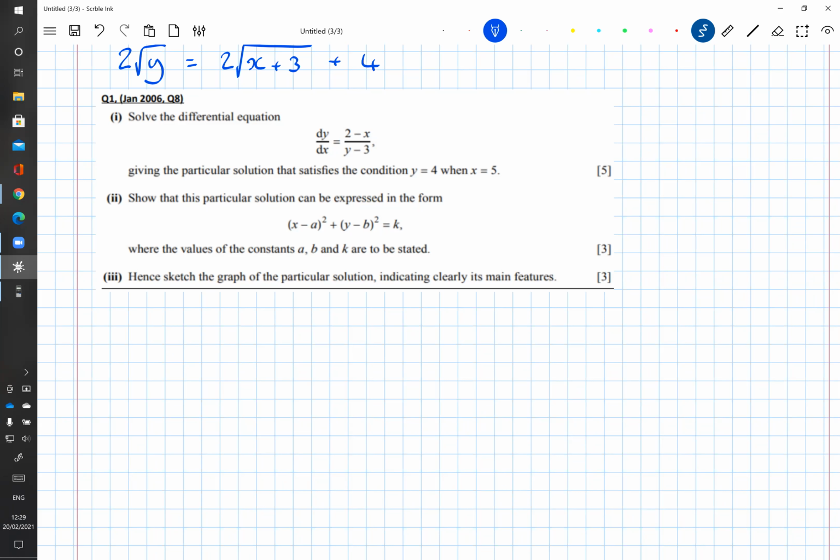Right, I'm going to quietly get on with this now. You can check your answer against mine. Actually, I'll probably use the margin properly here. There we go.